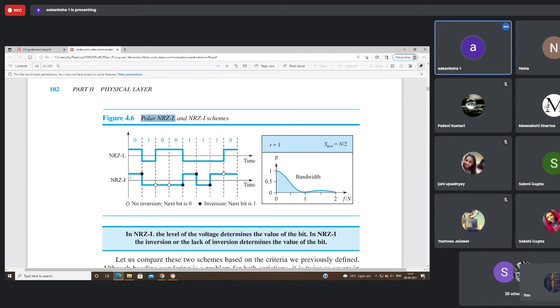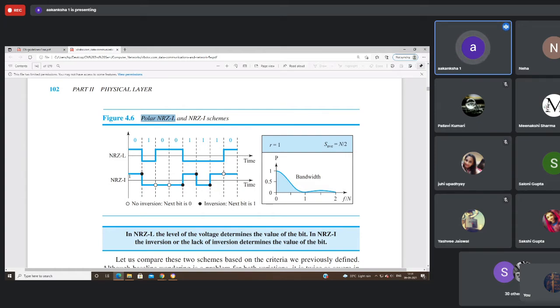So if the next bit is 1, we'll do a transition, wherever we are, positive or negative, at whatever voltage level, whatever the previous bit was, 0 or 1. If it was 0 we would be at the positive voltage level, and if it was 1 we would have been at the negative voltage level.